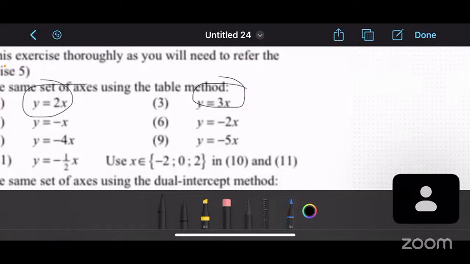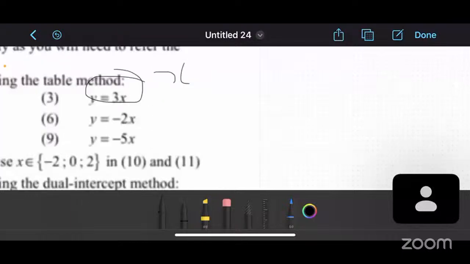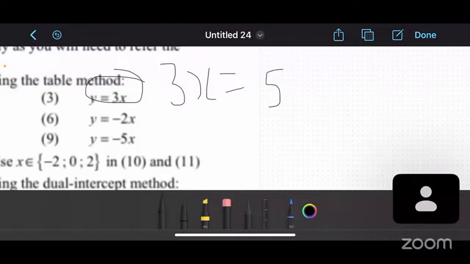We are going to write x, we're going to write 3x equals y, and then we're going to divide.